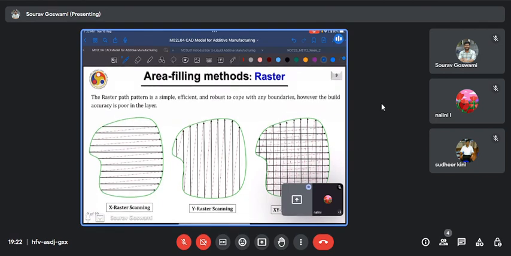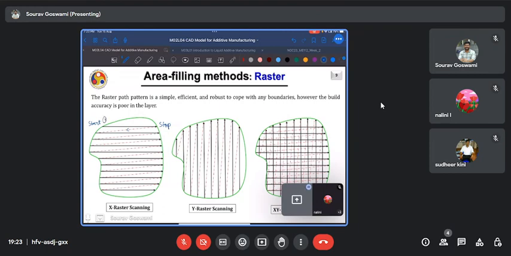A very popular and commonly used strategy for filling an area is a raster scan. So in a raster scan, this is simply just a unidirectional or a linear filling pattern. So we start from one side, say in an X raster scanning, we start at one side, stop at the other. Then we lift our deposition head, we stop depositing, and then the tool head travels back to the new start point, which is again in the same direction.